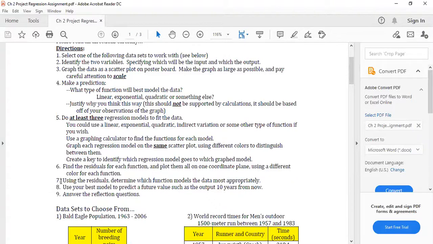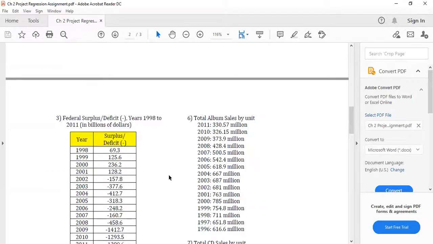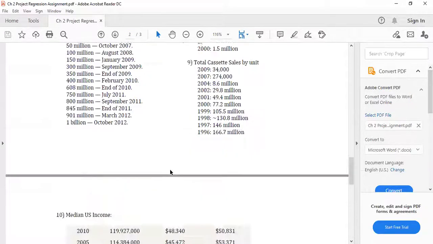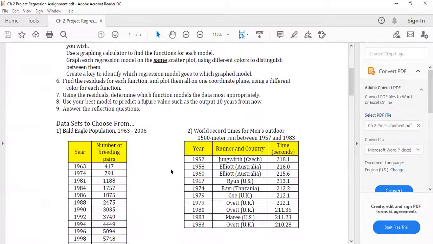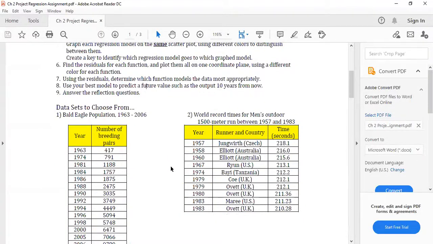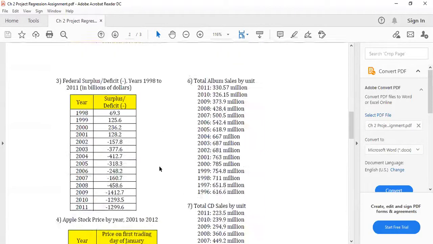That's number 7. And then number 8, use your best model to predict a future value, such as the output 10 years from now. And then of course, number 9, answer the reflection questions. The reflection questions are not attached, so I will get those for you. I apologize. They are not attached here.